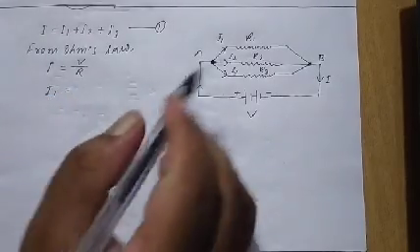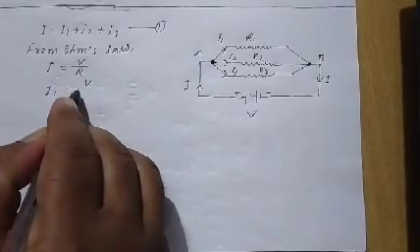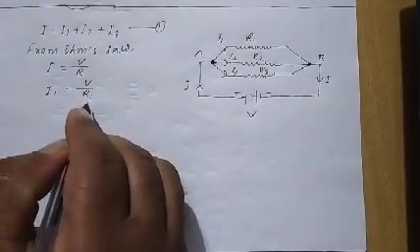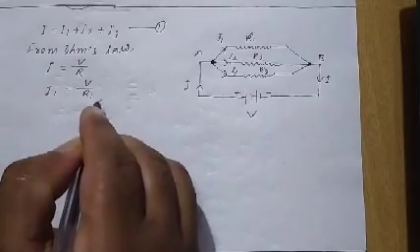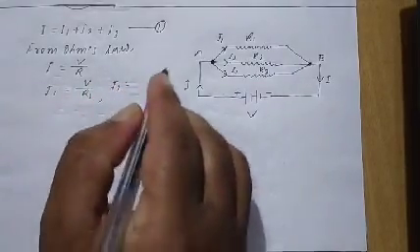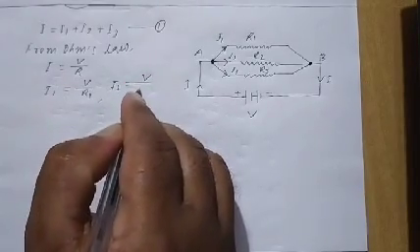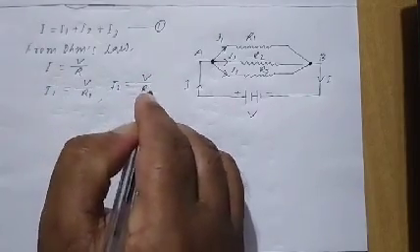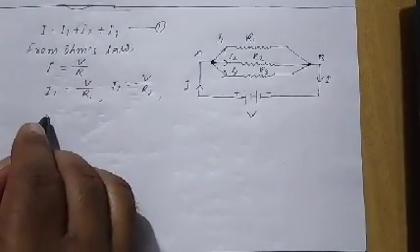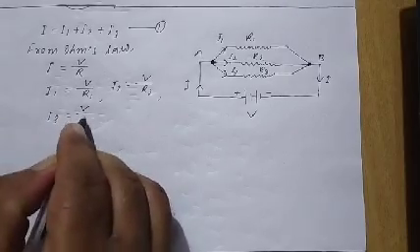In this case the potential difference is the same V, but the resistance is R1. So for I1 we get V by R1. For I2, the potential difference is the same, but the resistance is R2. For I3 we get V by R3.